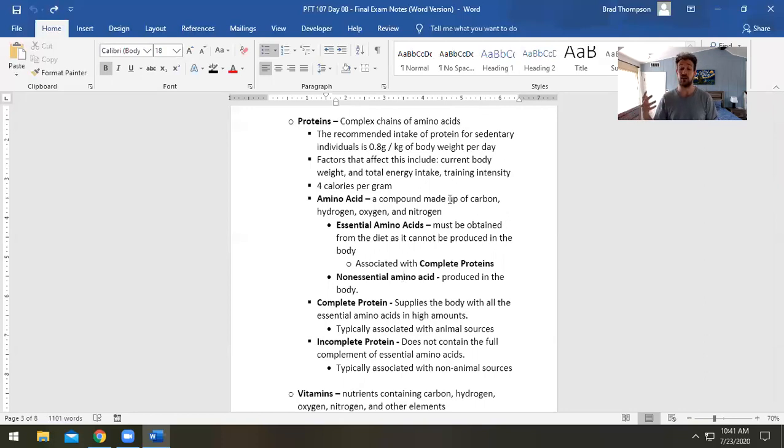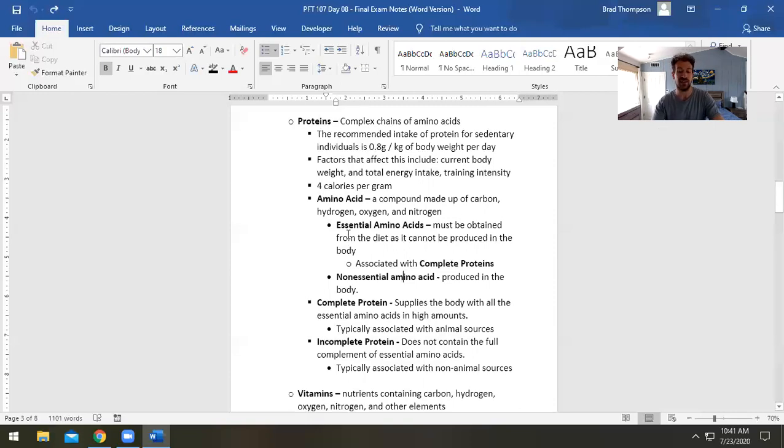But at the end of the day, they're all made of these 20 amino acids, some of which are essential because you have to get them from food, and some of which are non-essential that your body can assemble. But no matter what, if it's something that your body made, it's constituted with all 20 of those amino acids.